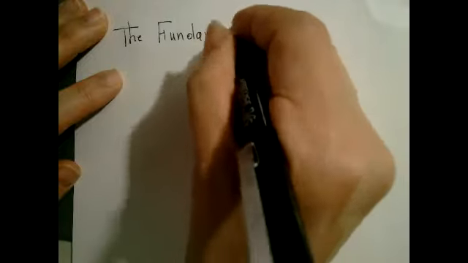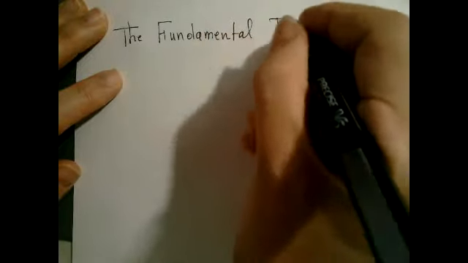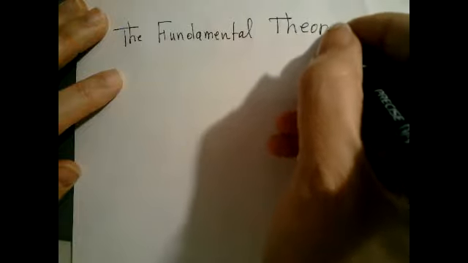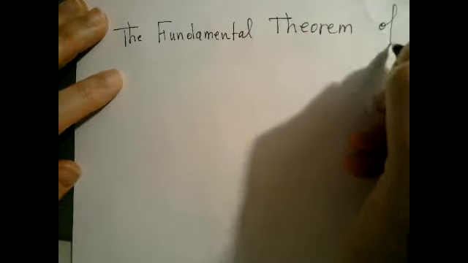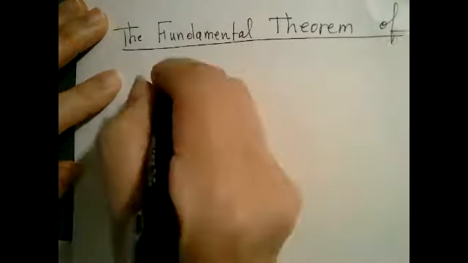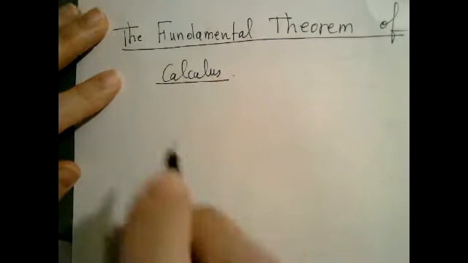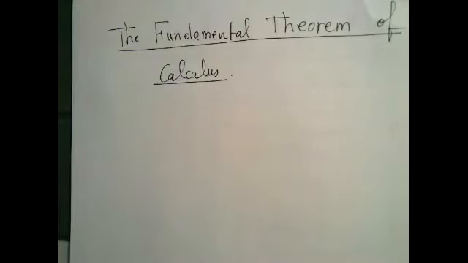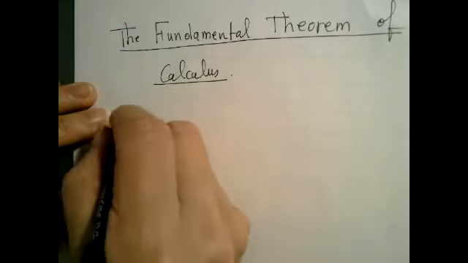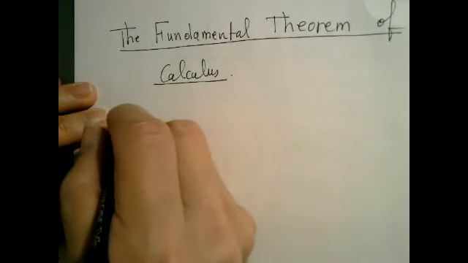This is the part that students usually know very well. So the fundamental theorem of calculus, what does it tell me? It tells me that we have a function f.